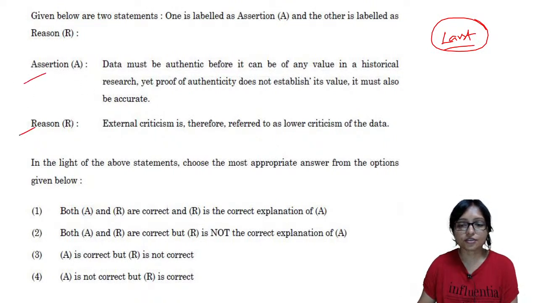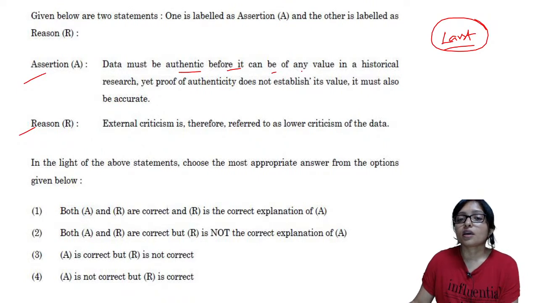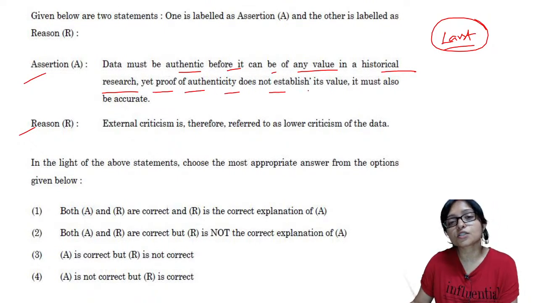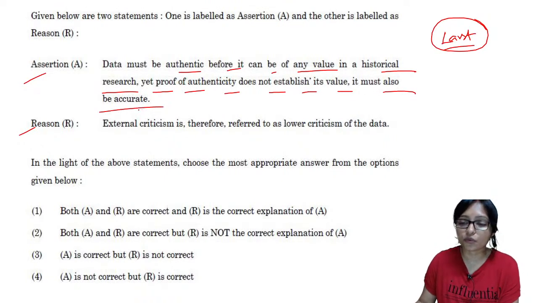Here assertion and reason. Data must be authentic before it can be of any value in historical research, yet proof of authenticity does not establish its value, and it must also be accurate.